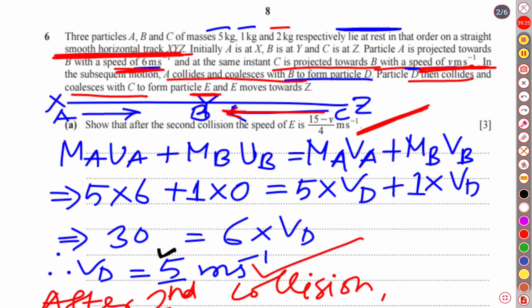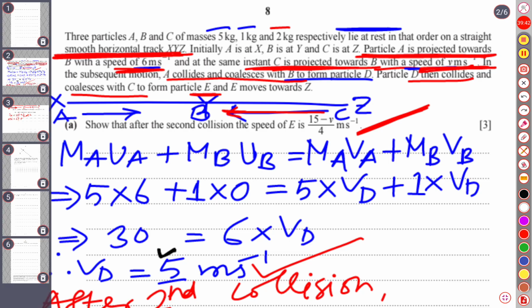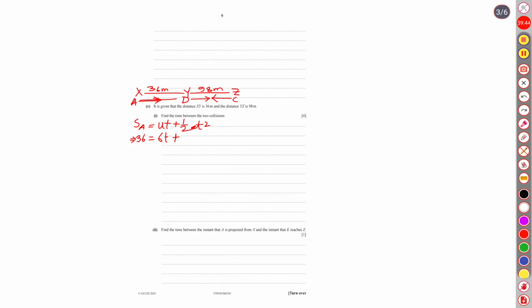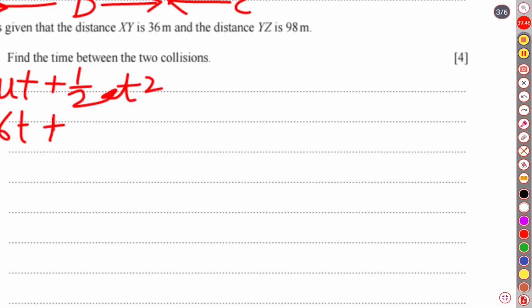So there is no frictional force at all. At the same time, there is no external force also. Particle A was projected and C was also projected. That means no external force has been applied to have the acceleration or resistance to motion. So I think you have understood.